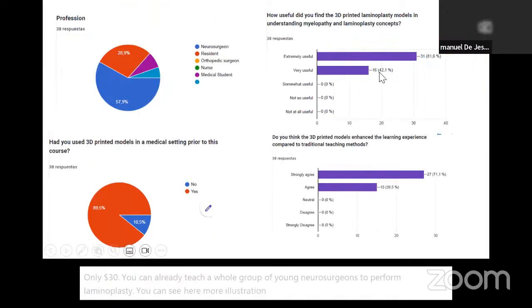After that, we made a small survey, and that was the answer they gave us. 89% of them really liked it. They reacted very positively to this kind of model. They said it's extremely useful. More than 31% of them said it's very useful as an accessory tool for trainees, exactly in the first years of the residency program.